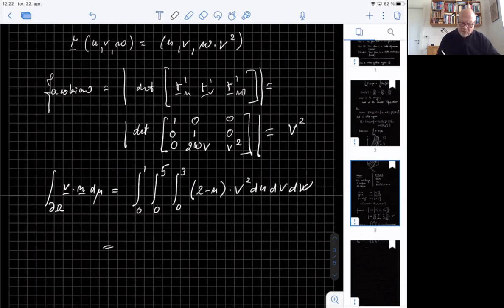So it will be 0 to 1, 0 to 5, and then the integral here is 2u minus 1/2 u squared, taken between 0 and 3. And then you have your v squared times w.